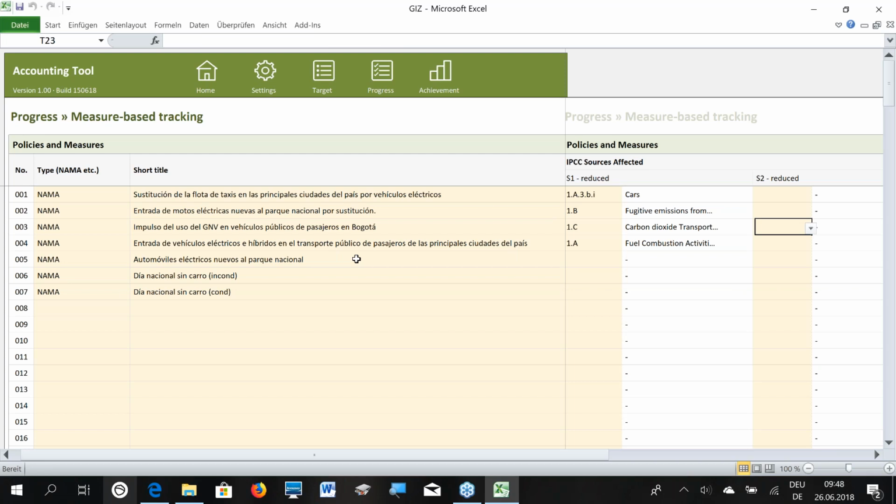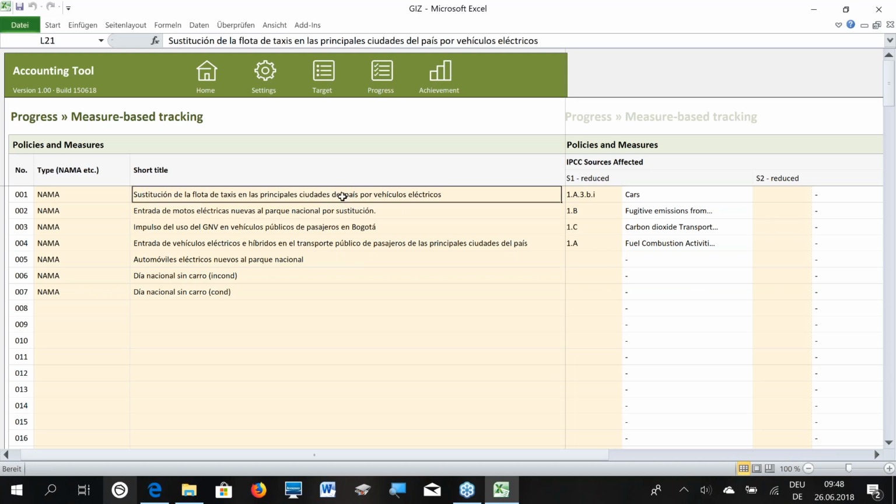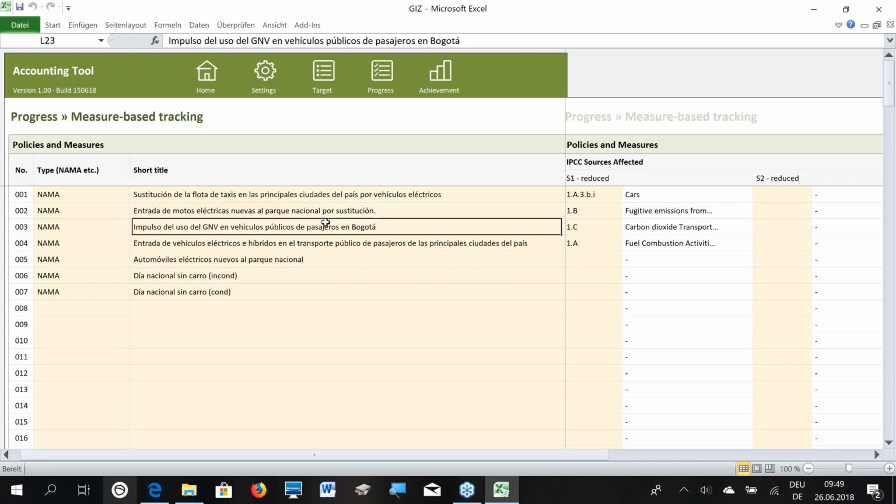But as you might know from standards like this Policy and Action Standard from the World Resources Institute, it's difficult to have a 100% accurate monitoring of different mitigation actions, because there might always be certain overlaps, or it might be too laborious to monitor the impacts that are only at the 5th or 6th degree of emissions.